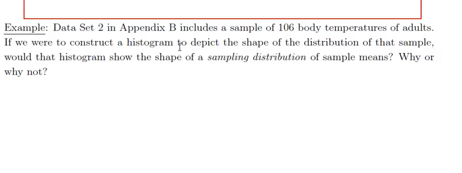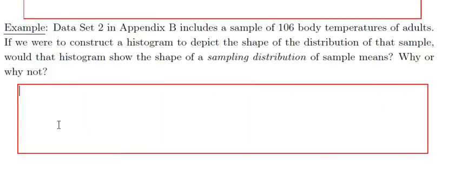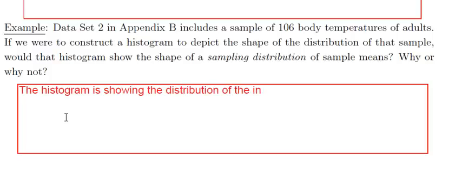Okay, and the last one, we have a sample of body temperatures. If we were to construct a histogram to depict the shape of the distribution of that sample, would that histogram show the shape of the sampling distribution? If we just make a histogram of the data, it shows the distribution of the individual values, not the sampling distribution.